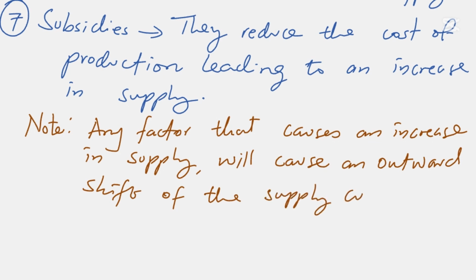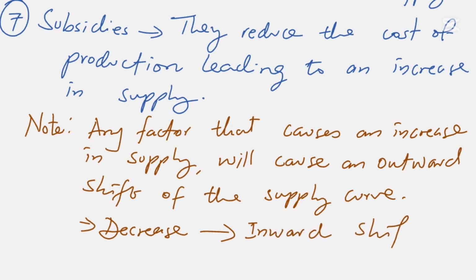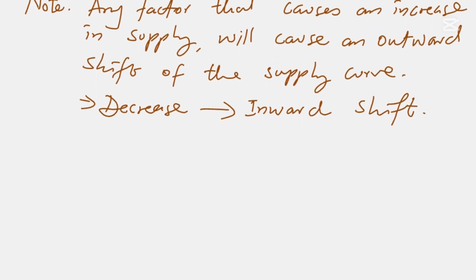The opposite is true, that if the factor is causing a decrease in supply, then we expect it to cause an inward shift of the supply curve.